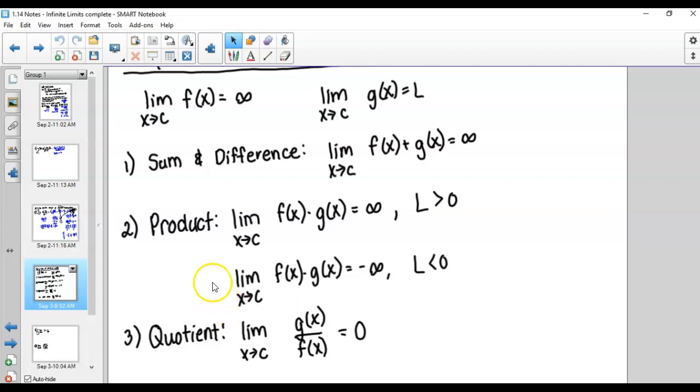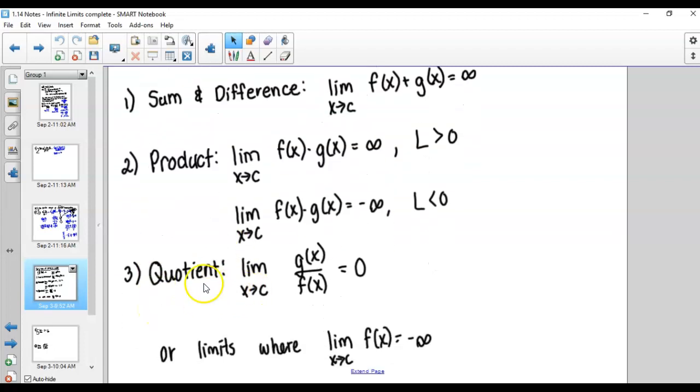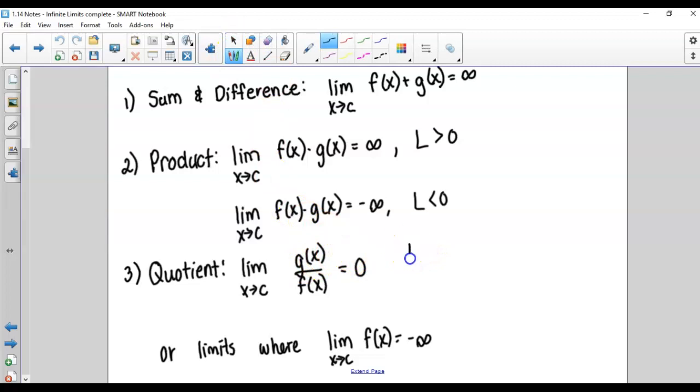If we have a quotient, g of x over f of x, where the limit of g of x is L and the limit of f of x is infinity, we have some number, it might be 5, it might be 10, it might be 1,000,000, over infinity. That value is so close to 0 that we're going to call it 0 whenever we do the limit process.